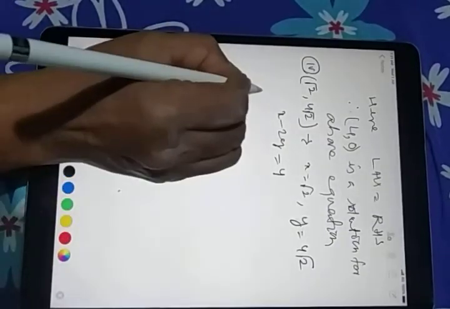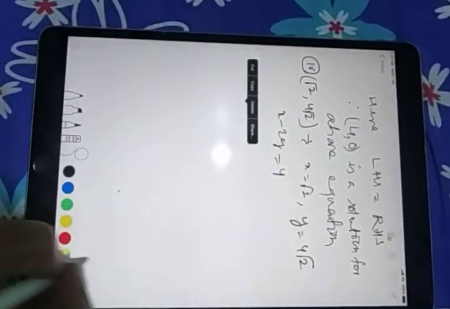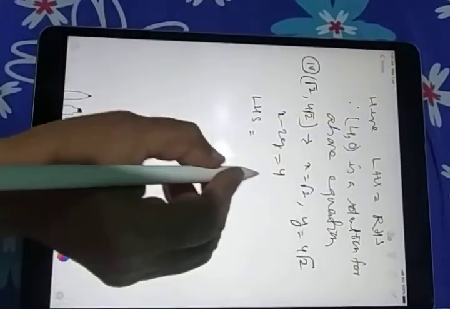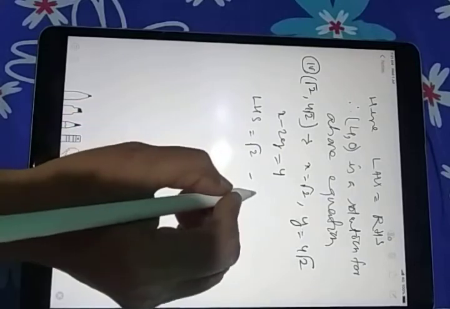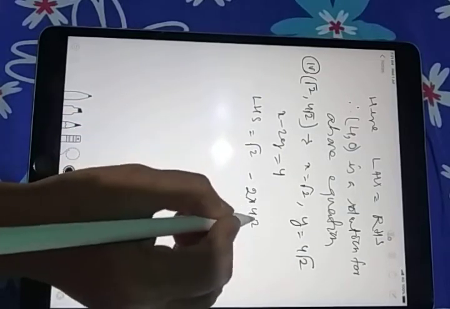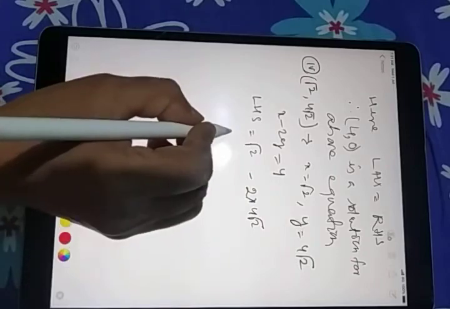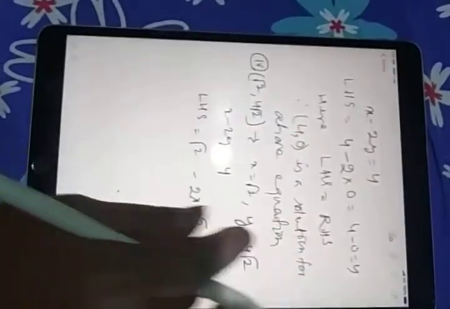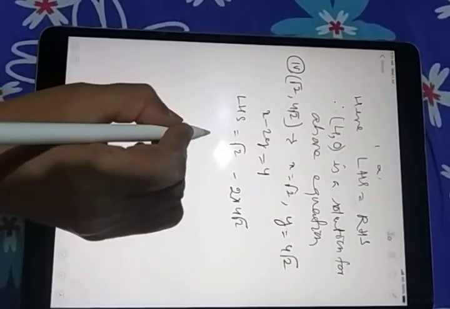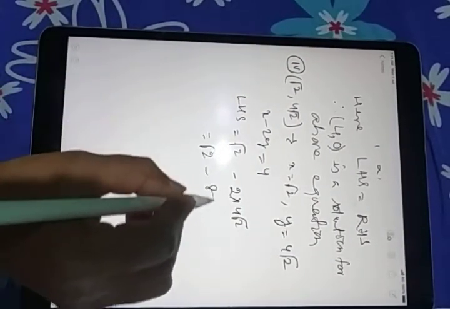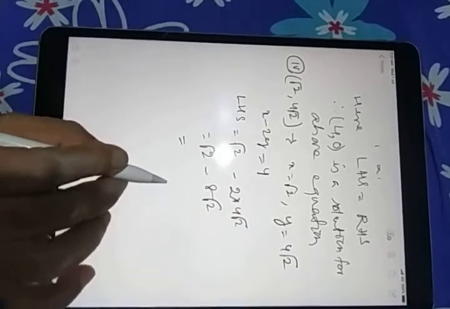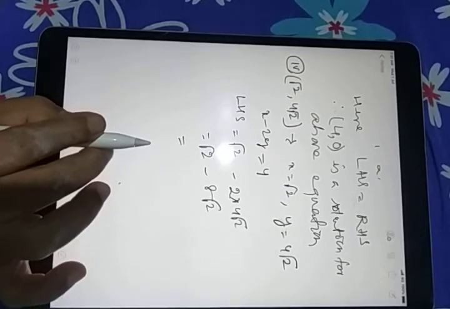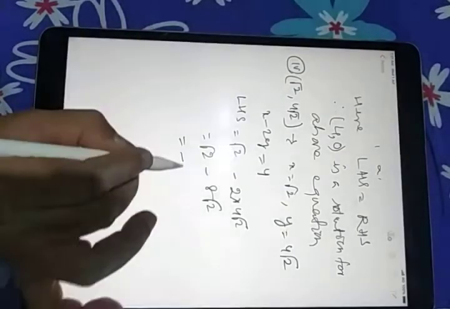LHS equal to x is root 2 minus 2 into 4 root 2, equal to root 2 minus 8 root 2, that will be equal to minus 7 root 2.